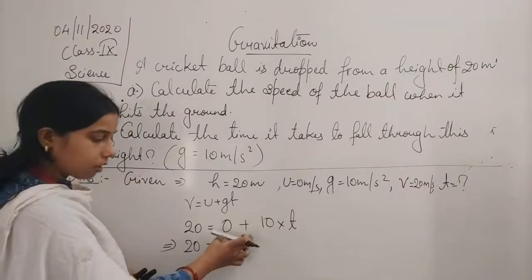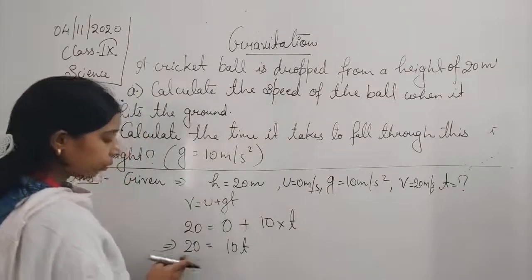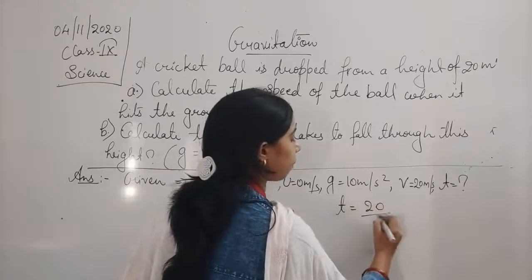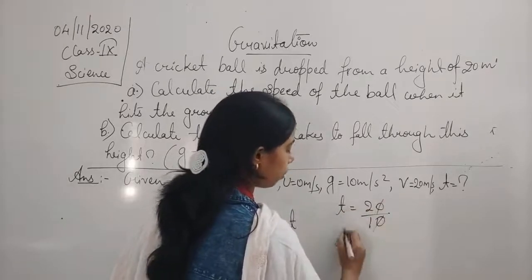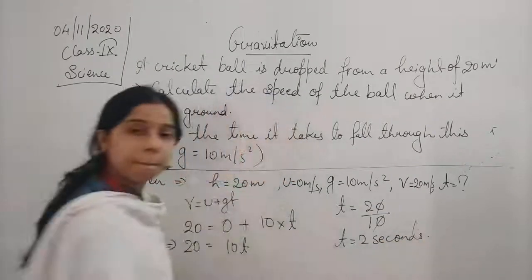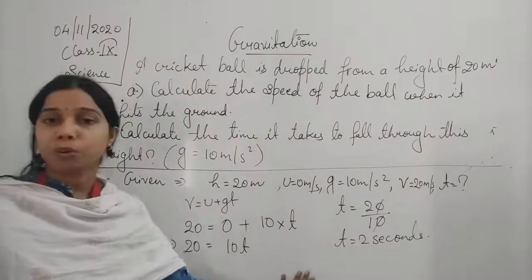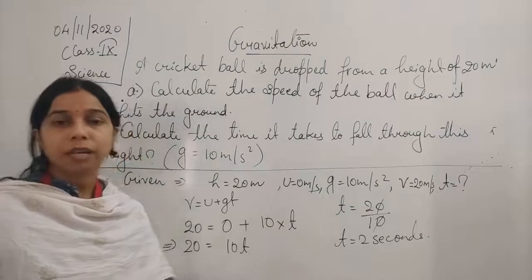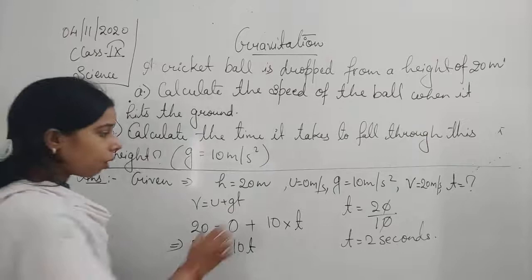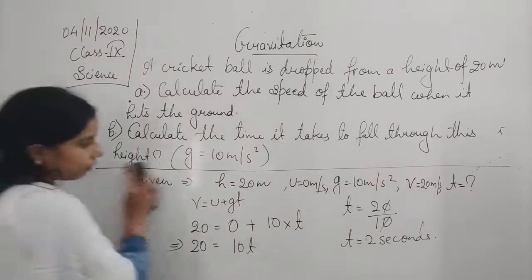Because u is 0, there will be no change, so it will be 20 is equal to 10t, or we can write t is equal to 20 upon 10, that is t is equal to 2 seconds. So you can see here that the value of t came out to be 2 seconds. So you can understand, students, that if we know all the values, we are able to find the answer of the given numerical.